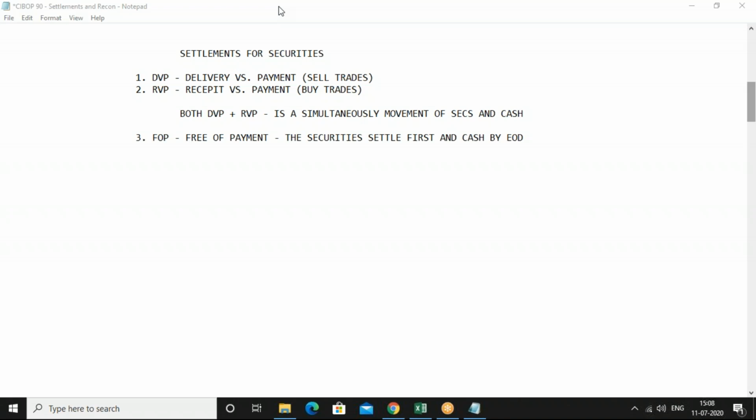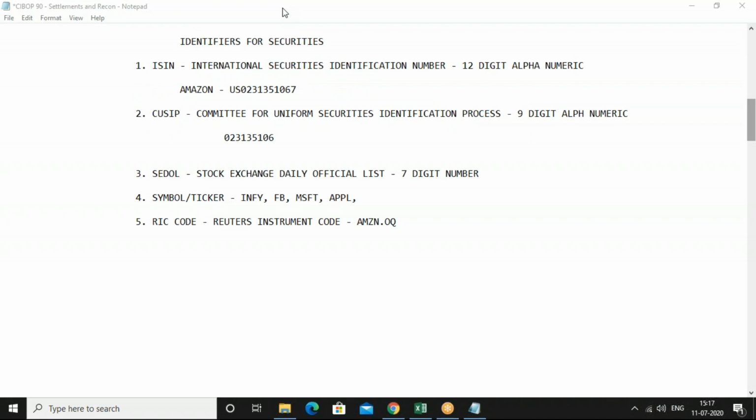Next, you have SEDOL, which stands for Stock Exchange Daily Official List, and this is a 7-digit number. Then you have symbol and ticker, like INFY, FB, MSFT, and then you have a RIC code that stands for Reuters Instrument Code.